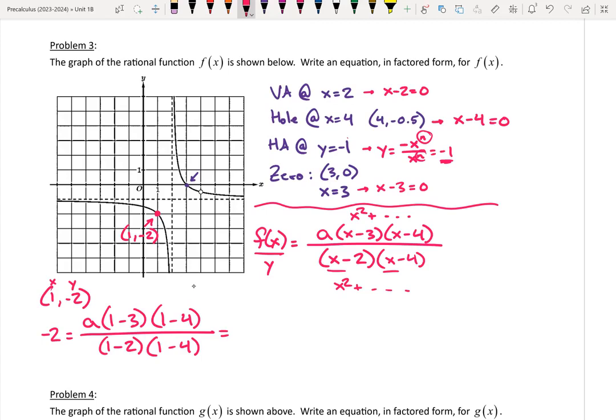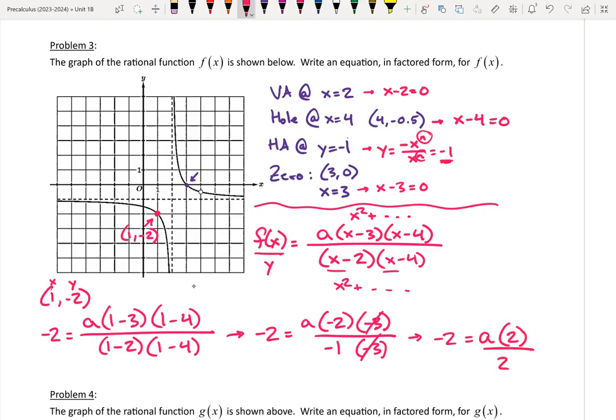So we have that this would give us negative 2 equals a times negative 2 times negative 3 over negative 1 times negative 3. Okay, so these negative 3's can cancel, which makes sense because that's part of the hole. That hole kind of cancels everything out. And we are left with negative 2 equals a times positive 2.